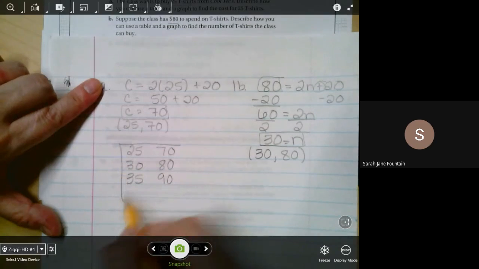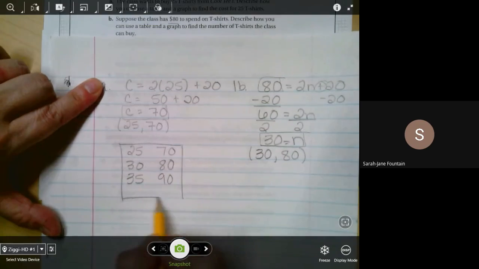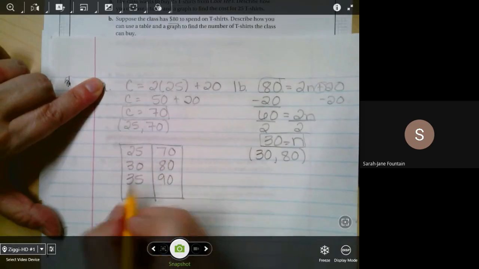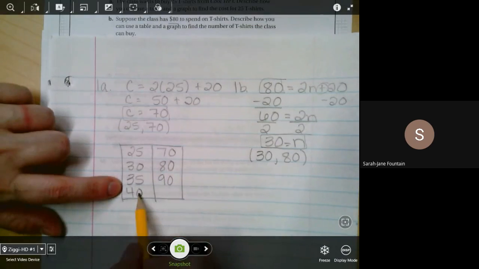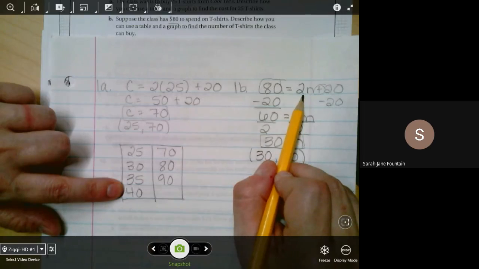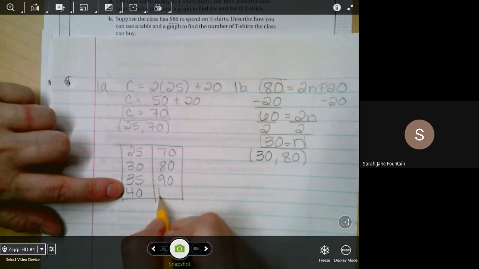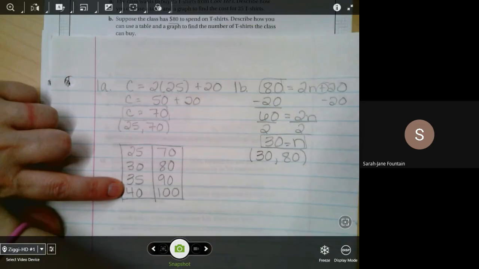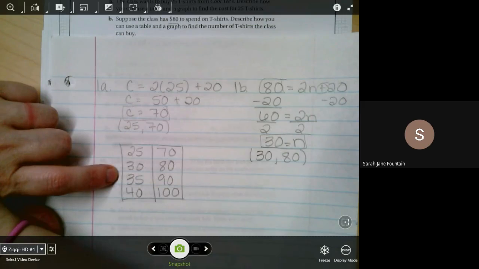You don't have to necessarily use your words to explain to me that you know that this side is going to go up by 5 t-shirts, and that every time the number of t-shirts goes up by 5, my price is going to go up by 10 because each t-shirt is $2. And 2 times 5 is 10. So there's your table.